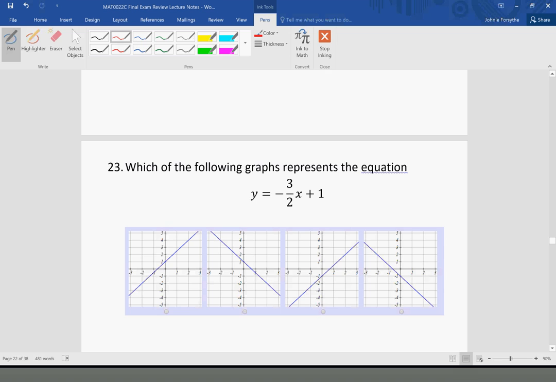Okay, now this one says, which of the following graphs represents the equation? So you can go about this a couple of ways. You can kind of rule out some things. So for one, it's in slope-intercept form, so that's super helpful. So the slope of this equation is -3/2.